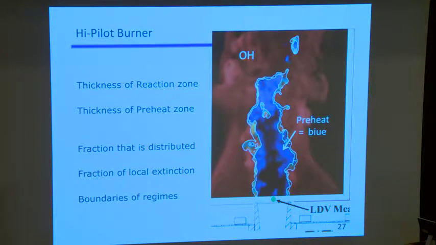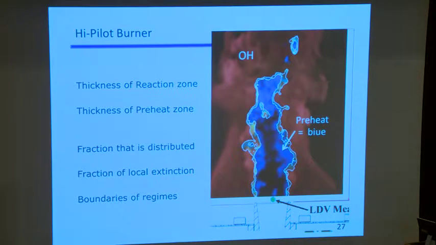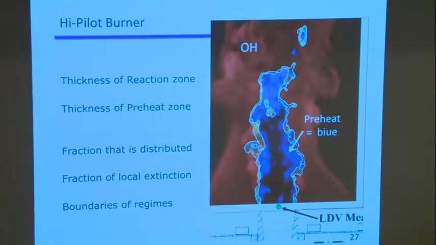So we disagree with Norbert's predictions on that. But this is a typical flame where, again, the red is the OH, the blue is the formaldehyde, which tells you where you have a preheat zone, and the overlap is between the two white lines.